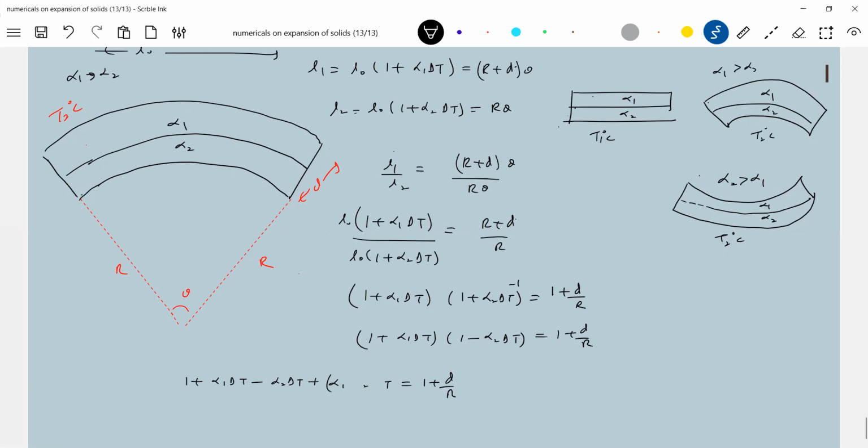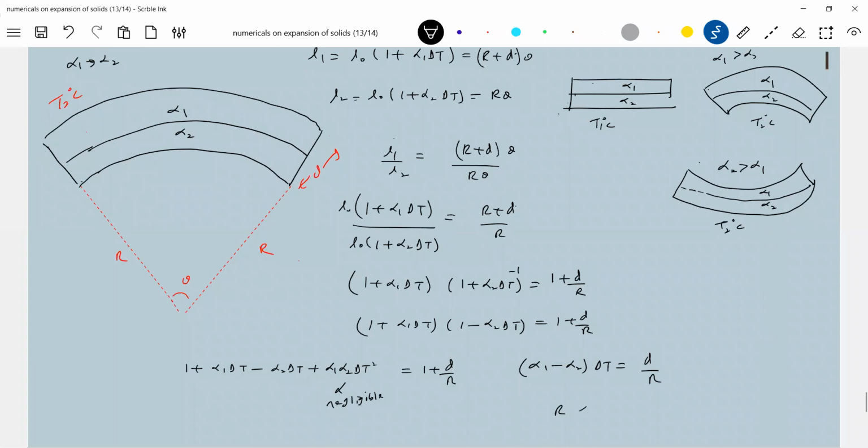Oh, sorry, it should be the product of these two, no? Alpha 1, alpha 2, delta theta. What are alpha 1, alpha 2? They'll be very small, negligible. So therefore, I'll end up with the expression D by R.